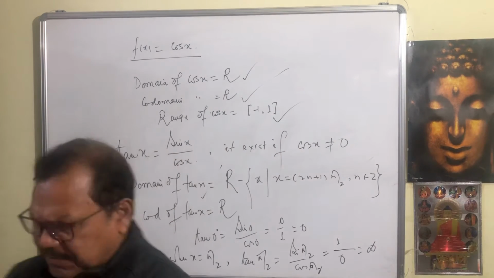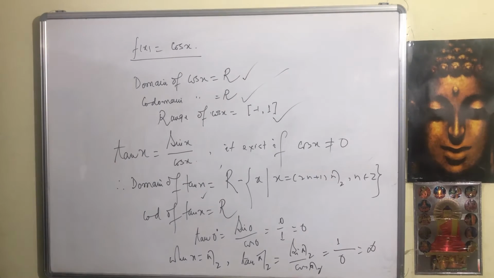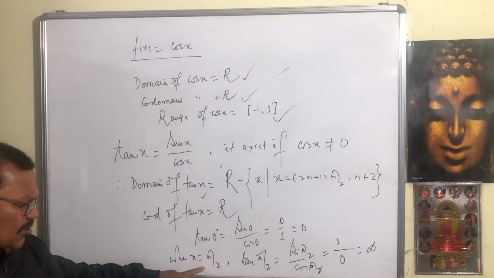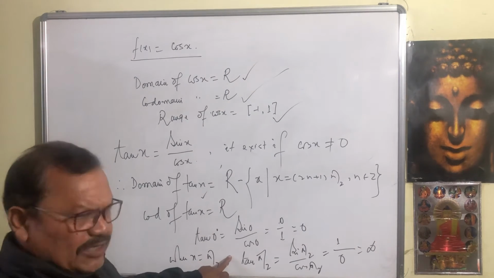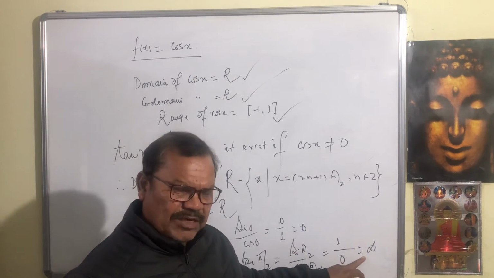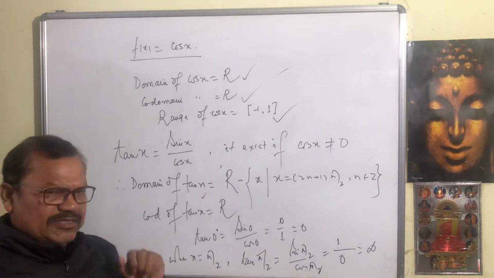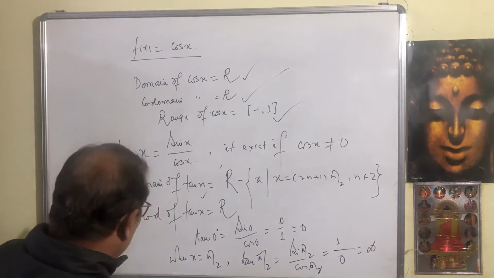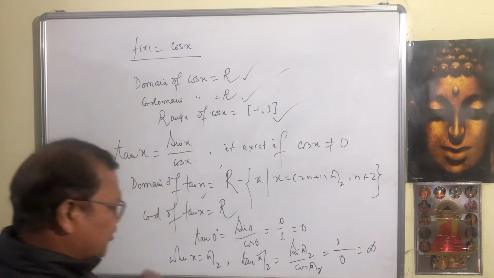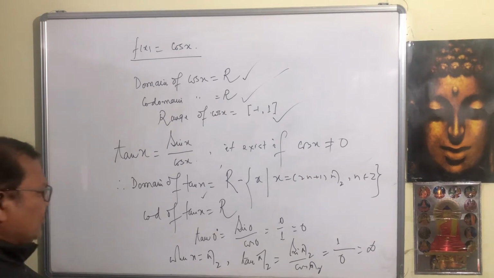So what does it mean? It means that when x is pi by 2, it does not go to a definite value. It is giving infinite values. Similarly, tan of minus pi by 2 is minus infinity. So for all x belonging to this domain, tan x lies between minus infinity and plus infinity. So we can say these conditions.